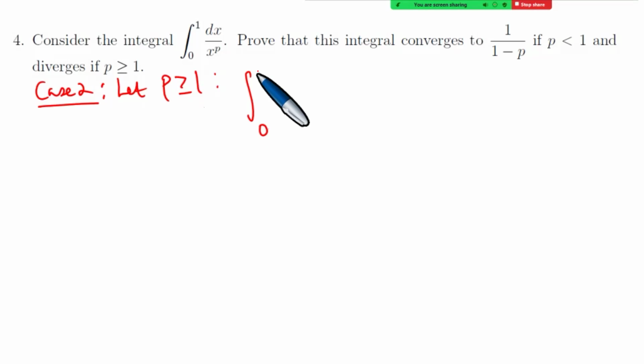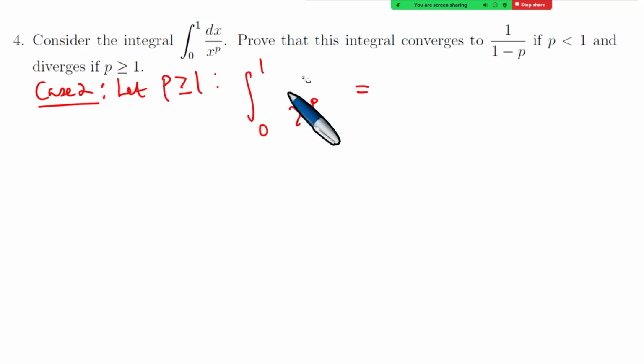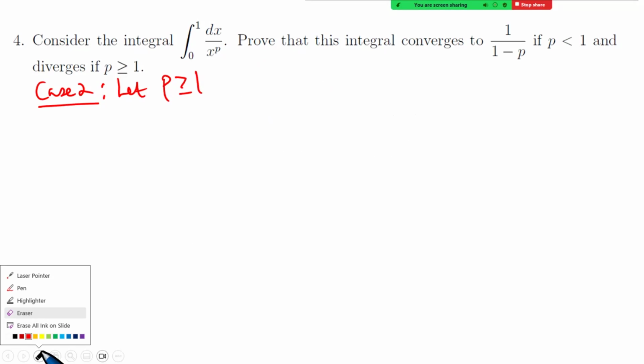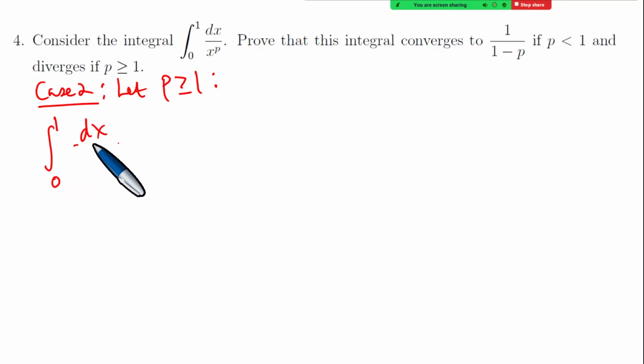So we need to integrate from 0 to 1 of x to the power p.